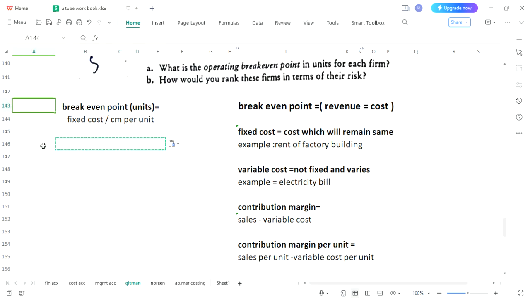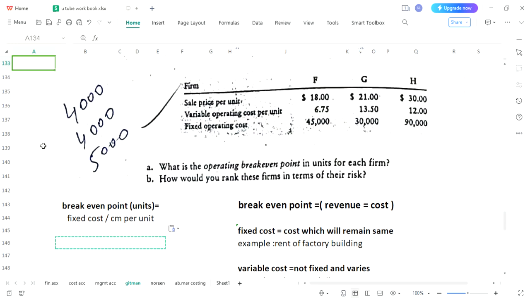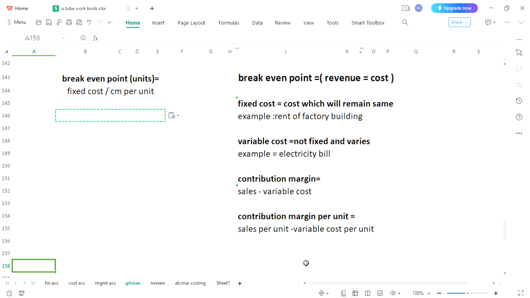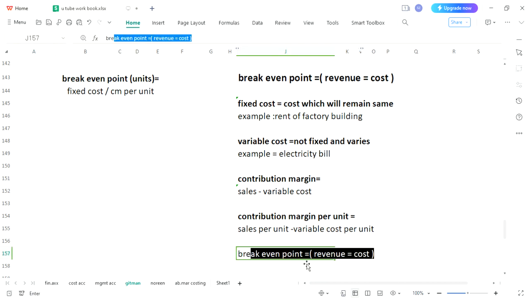Since our requirement has only one factor, you can see over here it asks for operating break-even point in terms of units. For the time being, I will also let you know the break-even point in terms of amount. It is important so that you can distinguish both.